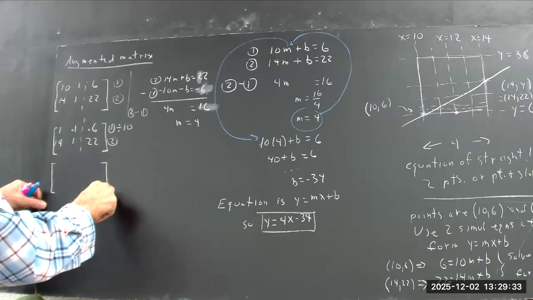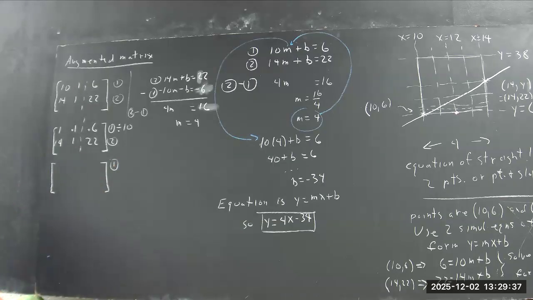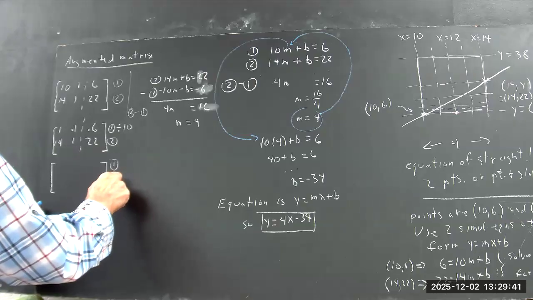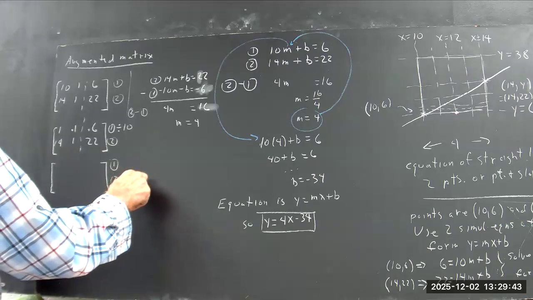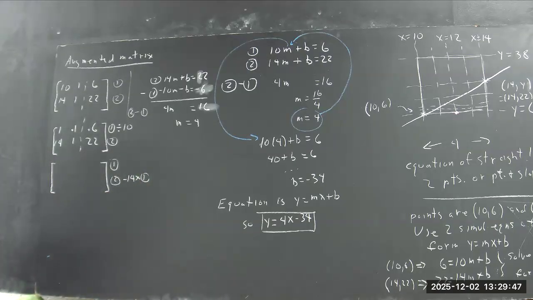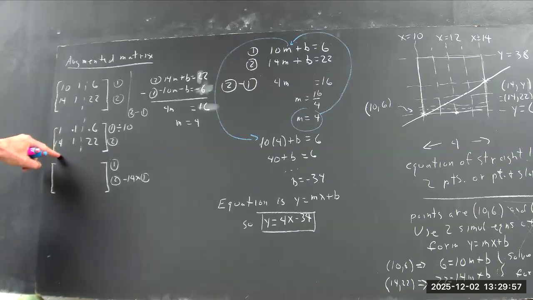Then we do row 1, which we're not going to mess with. We do row 2 minus 14 times row 1, because we multiply this 1 by negative 14 and then add to the 14 here, we're going to get a 0. And that's what we want.